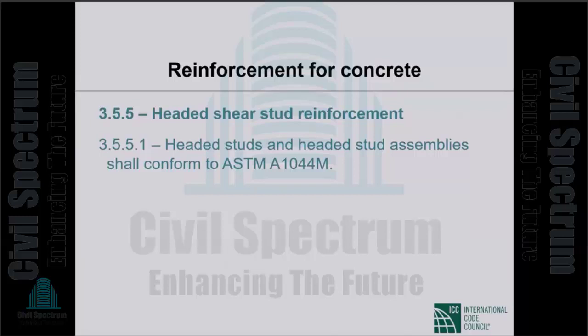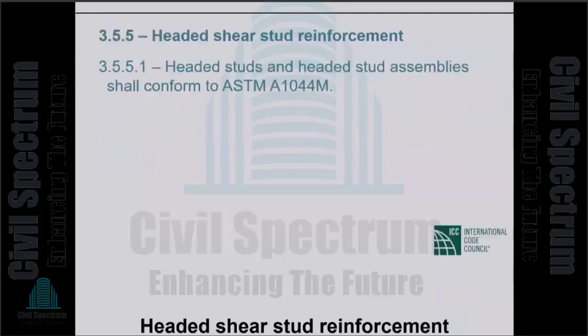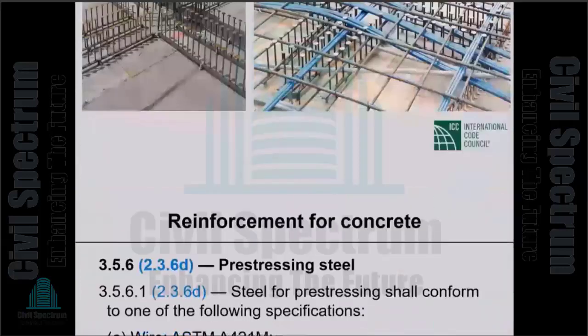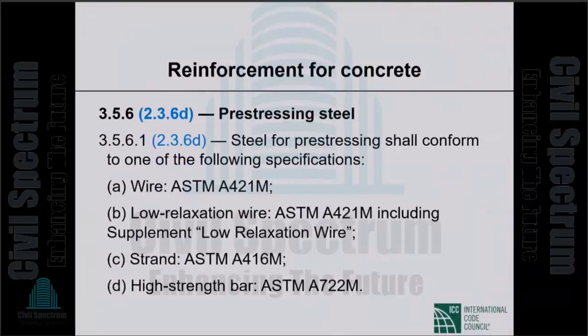We have brought the headed stud reinforcement into ACI 318, but somehow, probably because it's not available in Bangladesh for whatever reason, BNBC 2020 does not refer to these headed stud reinforcement, which is basically indispensable in the design of flat plate column structures.